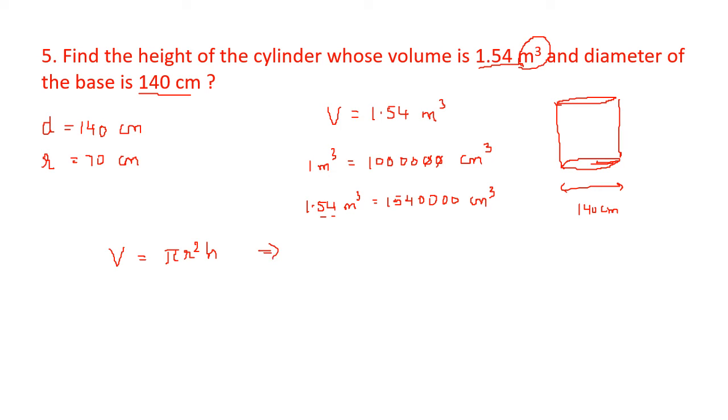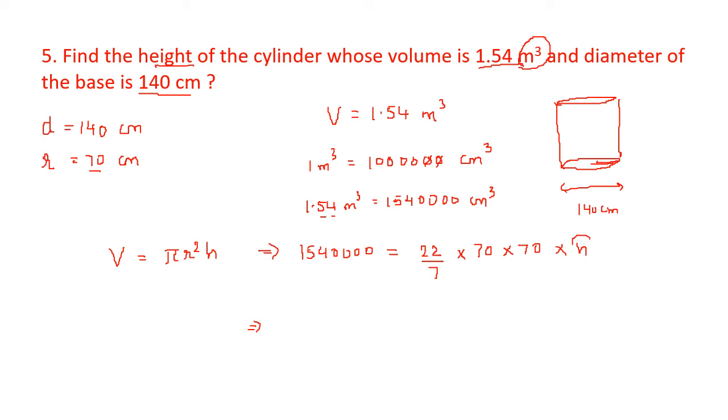So we have to find out the height. I will first put down the values. Volume is given, 1540000 equals pi, which is 22 by 7, into r. R is 70, so 70 into 70 into h.